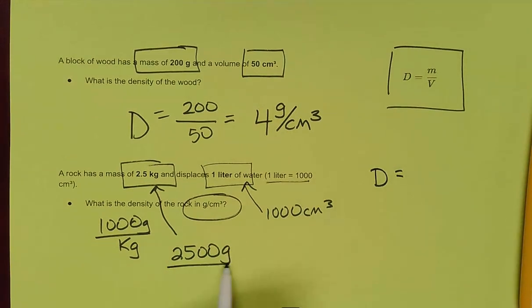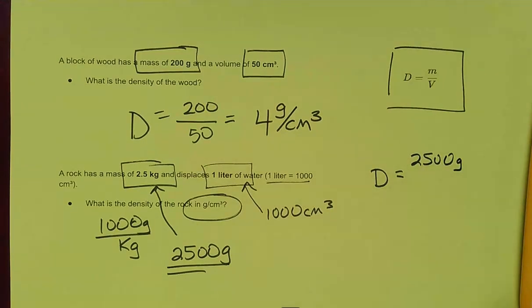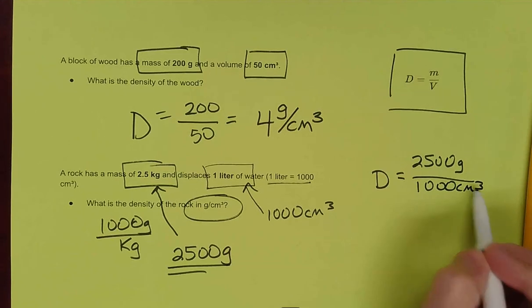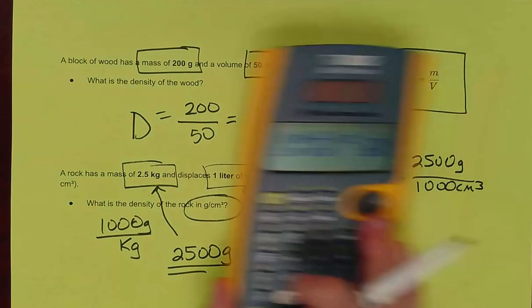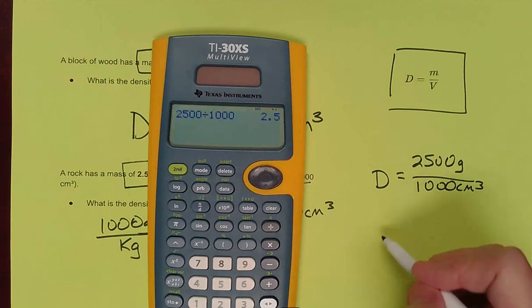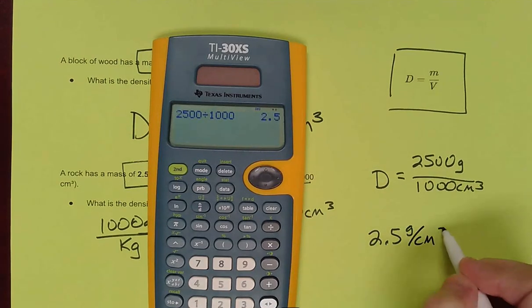Now I know the mass of 2,500 grams and the volume of 1,000 centimeters cubed. When we divide 2,500 divided by 1,000, we get 2.5 grams per cubic centimeter.